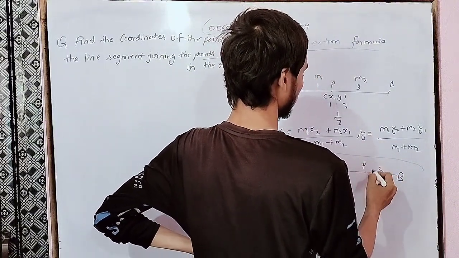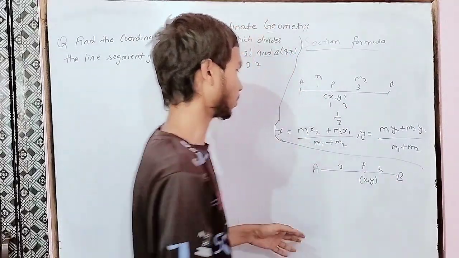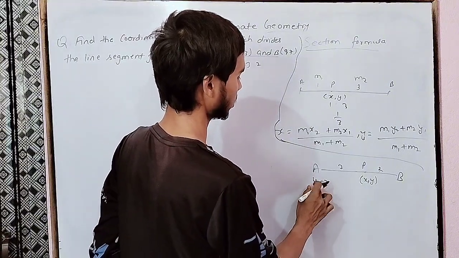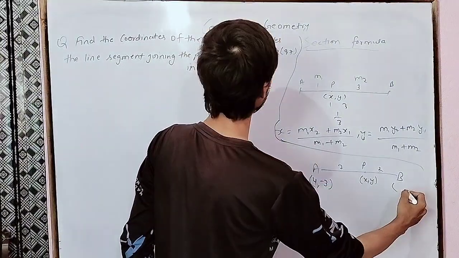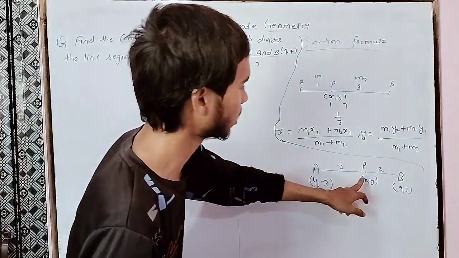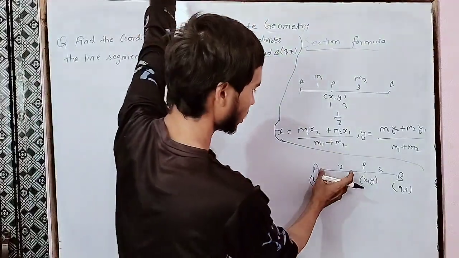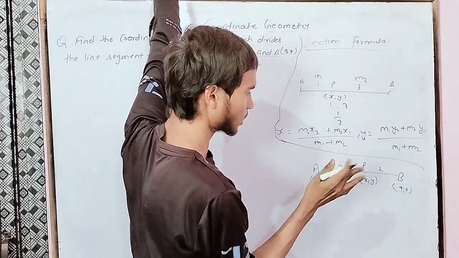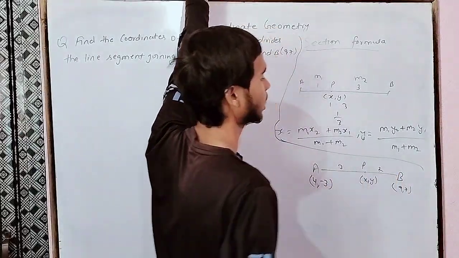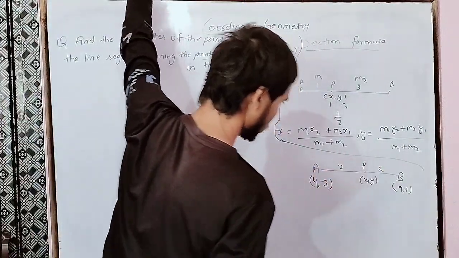Which is P, and we will find the coordinates of point P. This is given as 4 comma minus 3, and this is given as 9 comma minus 7. These are 3 units, these are 2 units. It means the distance between A and P is 3 units, the distance between P and B is 2 units, and the distance between A and B is 5 units.